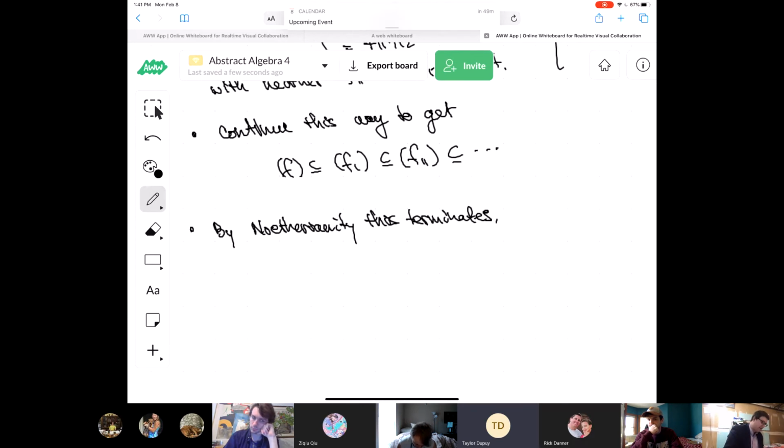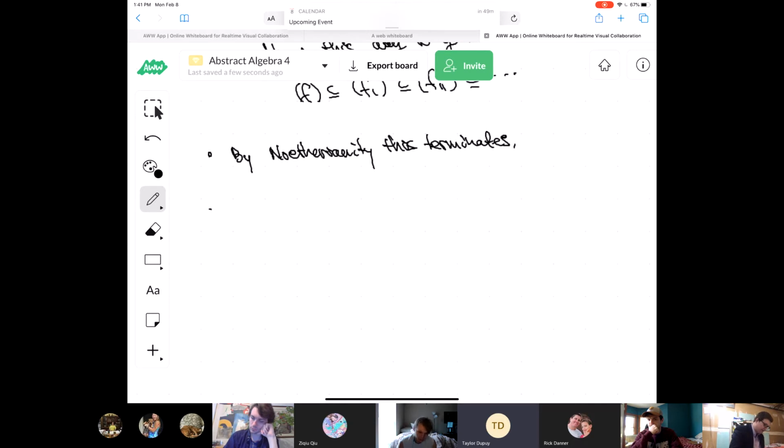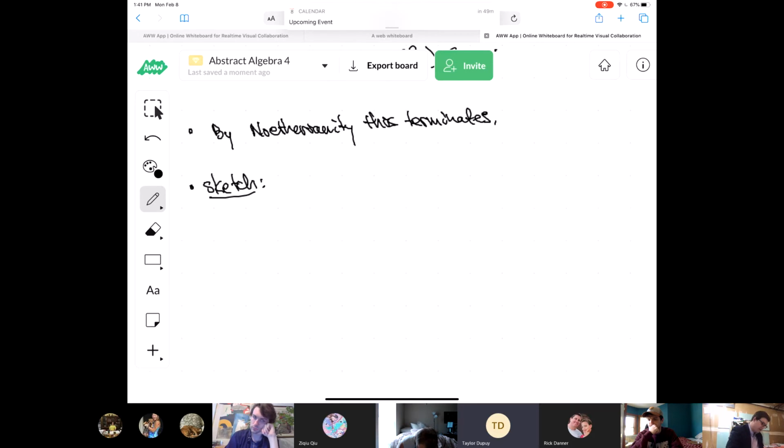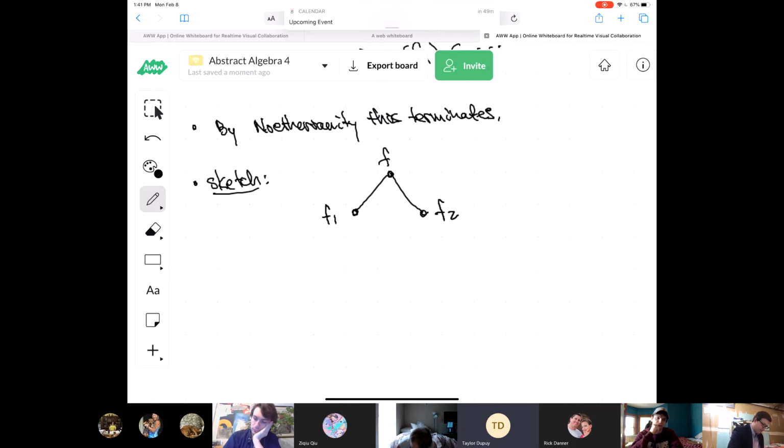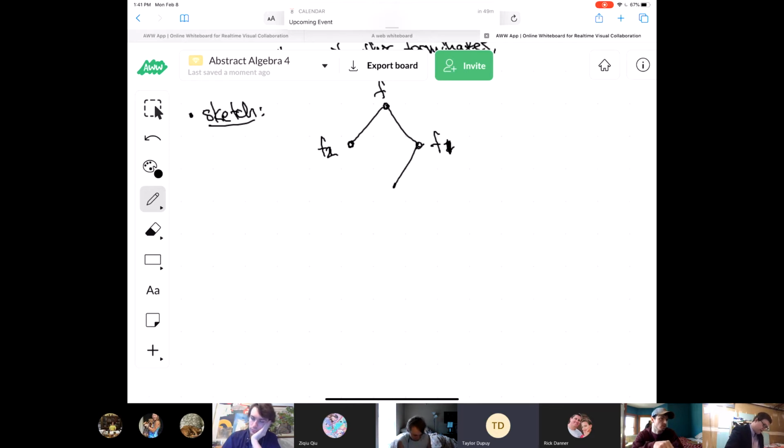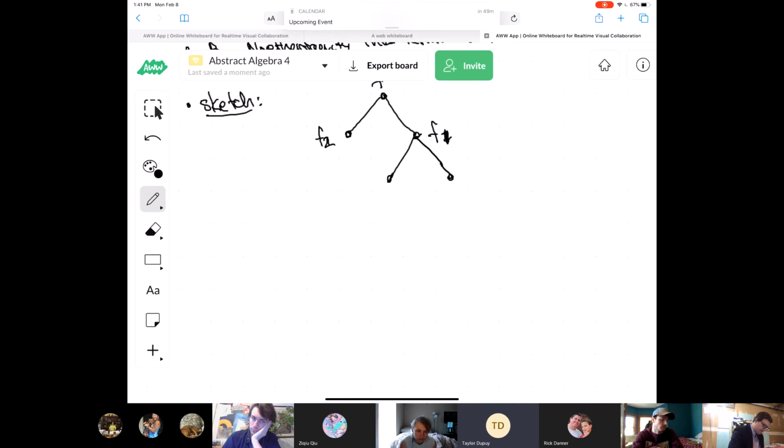I'm just going to sketch what happens, and I'll let you try to convince yourselves that this works. Here we had f, and it splits into f1 and f2, and then this splits up into f11, f12, and you could keep going down this way, and this thing could continue, and this thing could continue.